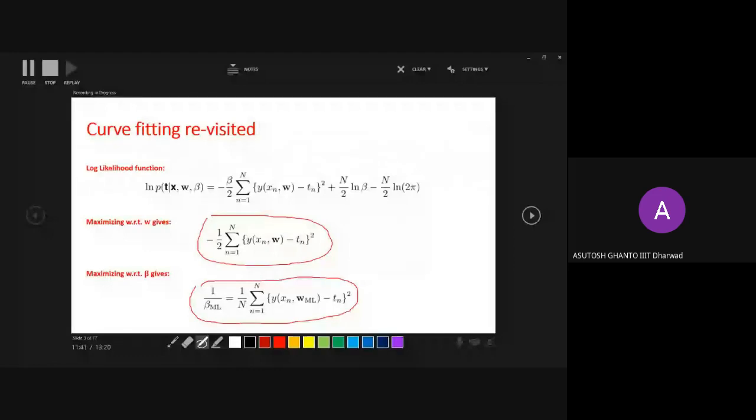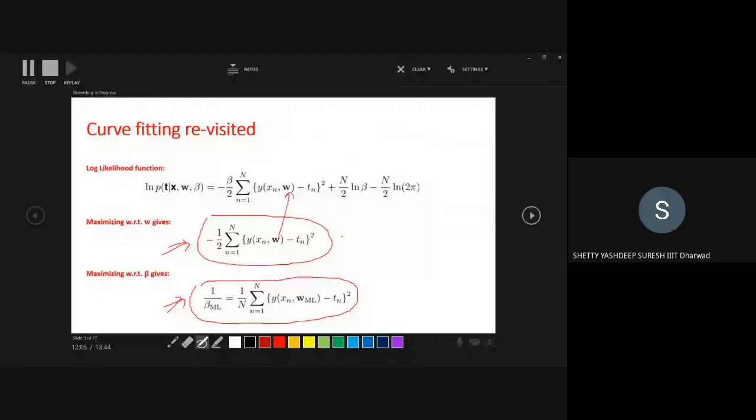We are actually doing it with respect to w, so the derivative first with respect to w and then with respect to beta. The good part is that when I take the derivative with respect to w, I can ignore these terms. Finally I get some value with respect to w, and that value I put again into this expression.